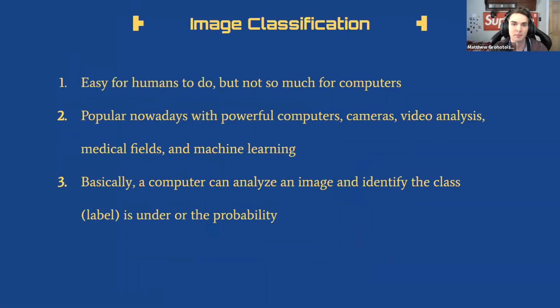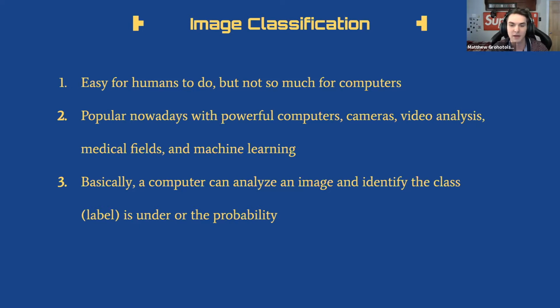So we'll go over some basics about image classification for those of you who aren't familiar. It's very easy for humans to do, but not so much for computers. It takes a large amount of compute power to compute something like this based on an image. So it's very popular nowadays with powerful computers, cameras, anything in video analysis or the medical fields especially.